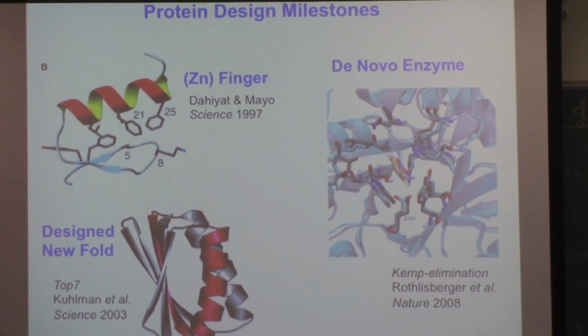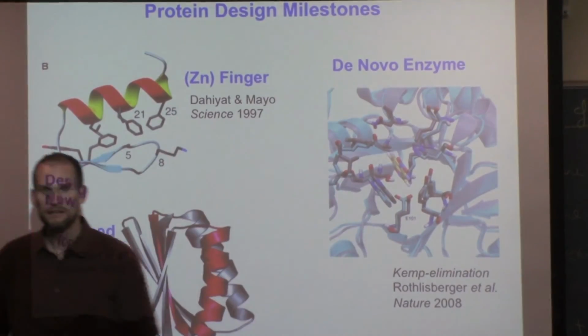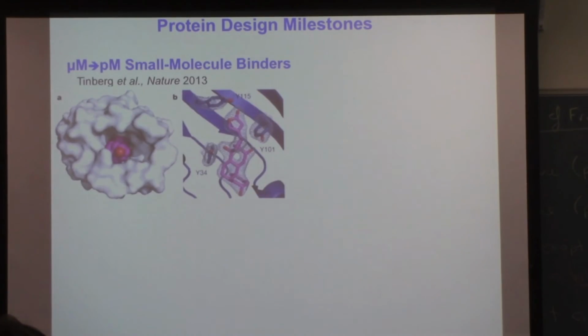There were problems with it. In 2008, this is a Kemp elimination reaction where they position side chains to make this elimination reaction go. It's a pretty lousy enzyme compared to what nature does, but it is active. So there's work to be done on that. Small molecule binders, just last year, Chrissy Tinberg, again with Rosetta.